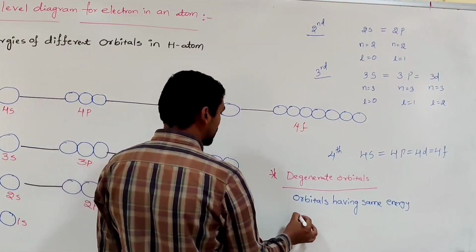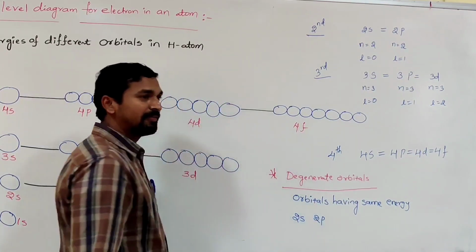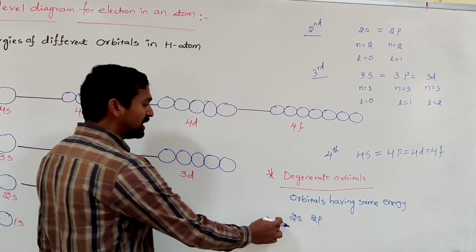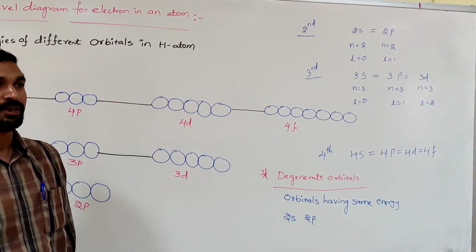So, for example, 2s and 2p. In case of hydrogen atom, are the 2s and 2p orbitals degenerate orbitals or not?